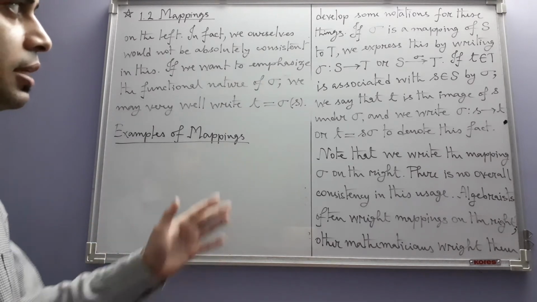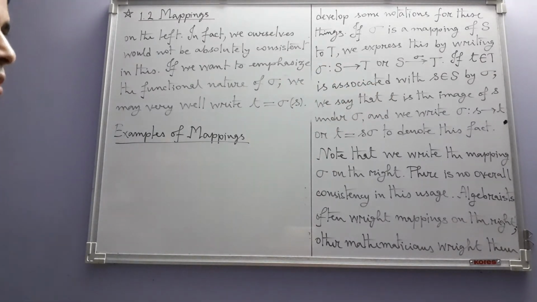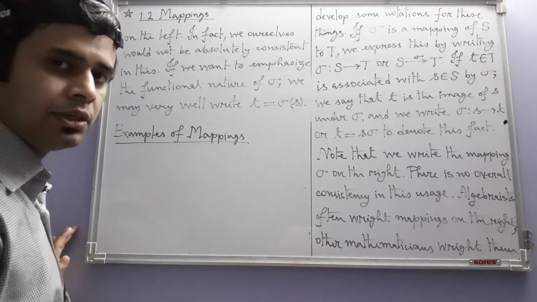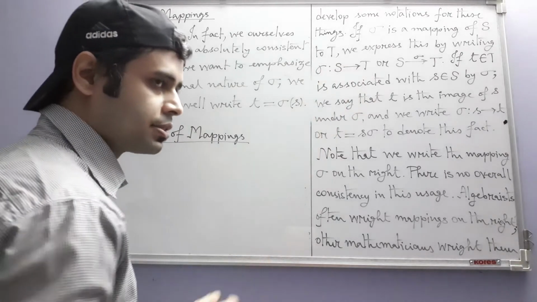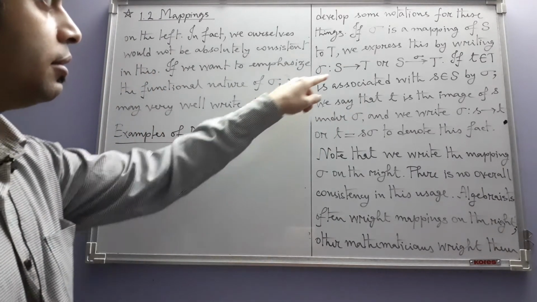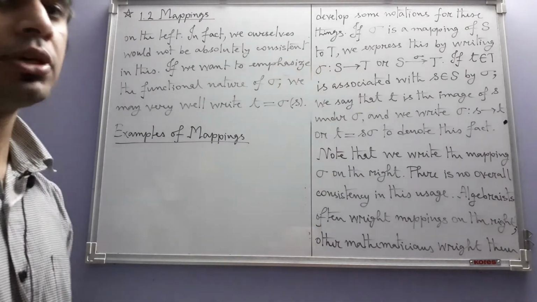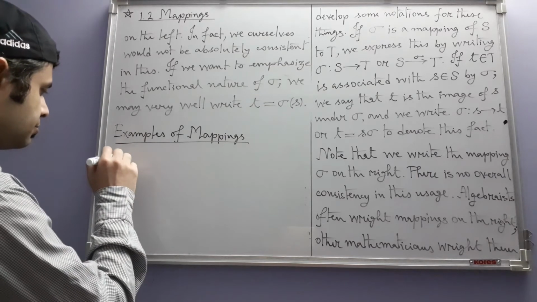So that's why in this book the author does not bother to deal with empty mappings. For us, these sets that appear in a mapping, he also does not say that this is domain or this is range. He just simply mentions them as sets. So for us, these sets are always non-empty. So before we begin the examples, we mention that.